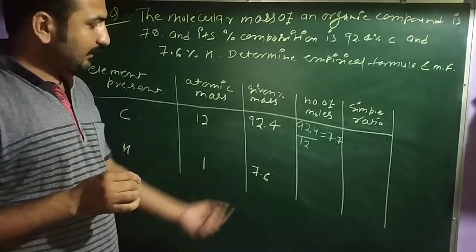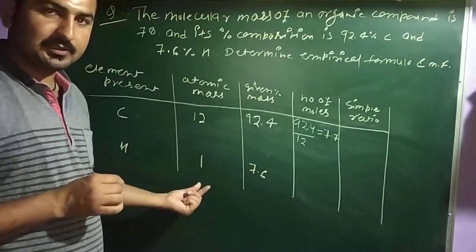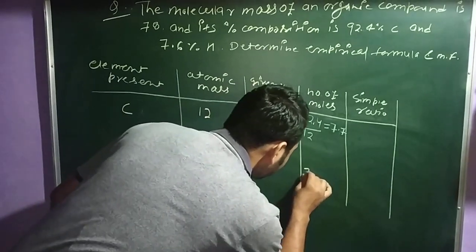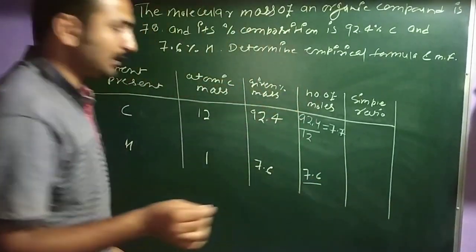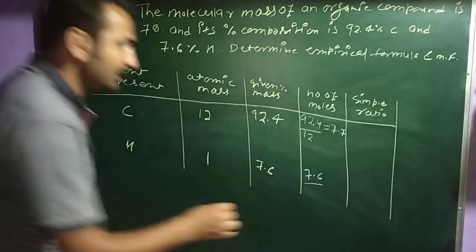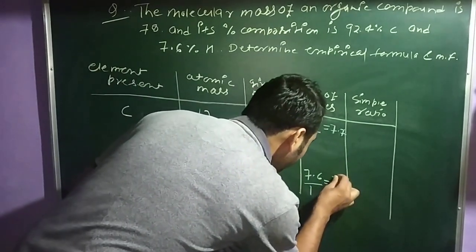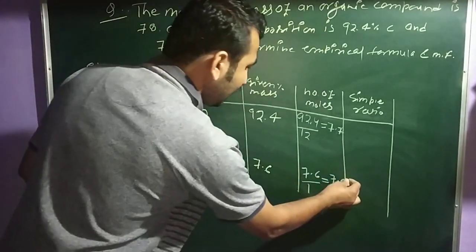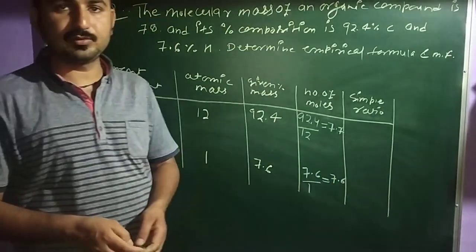Clear? And calculate again the number of moles for hydrogen. So given 7.6 and the atomic mass of hydrogen is 1. So 7.6 upon 1 is equal to 7.6. Okay. This is the number of moles.